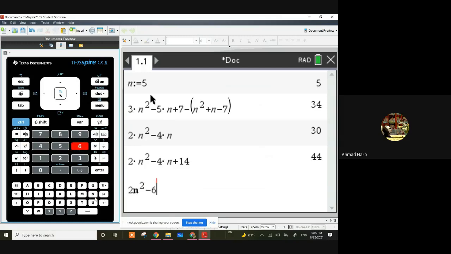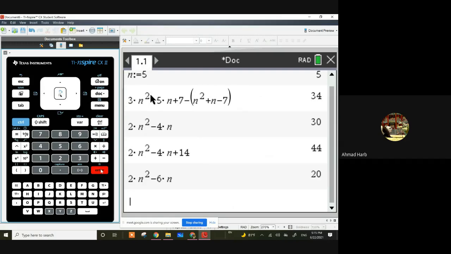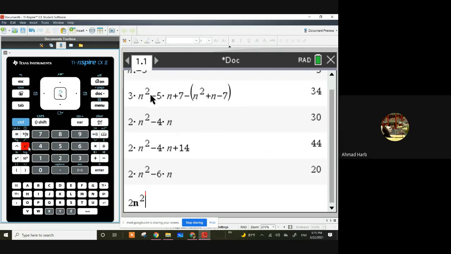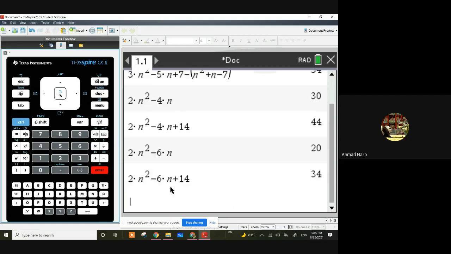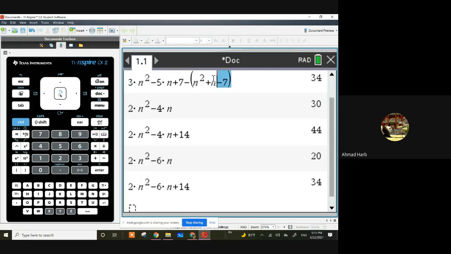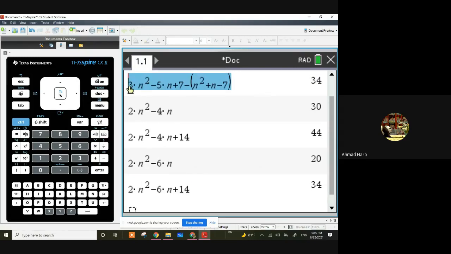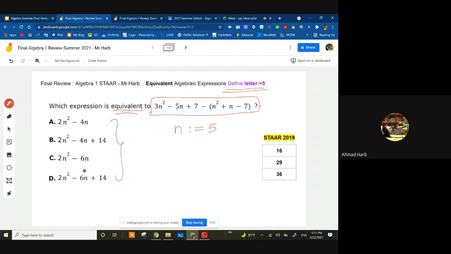Is that equivalent to it? No. And the last one, 2n squared minus 6n plus 14, and that is equal to 34. So the answer is this one. This expression is equivalent to the expression that we put in initially, which is the question. So we go to the answer choice, and it's going to be D.